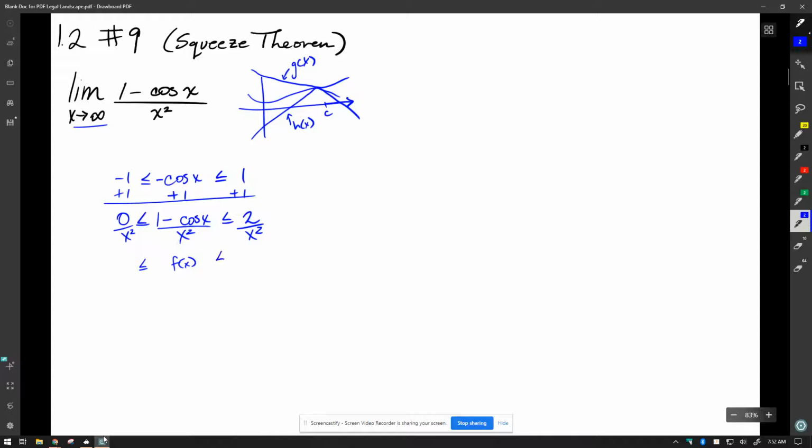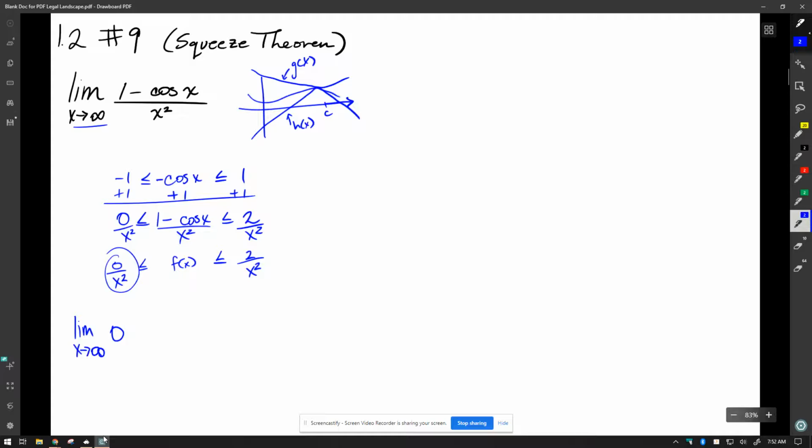So I believe we are ready to come to a conclusion with the squeeze theorem, as long as the second piece of the squeeze theorem is true. So what is the limit as x approaches infinity of the function on the lower bound, which is, of course, 0?